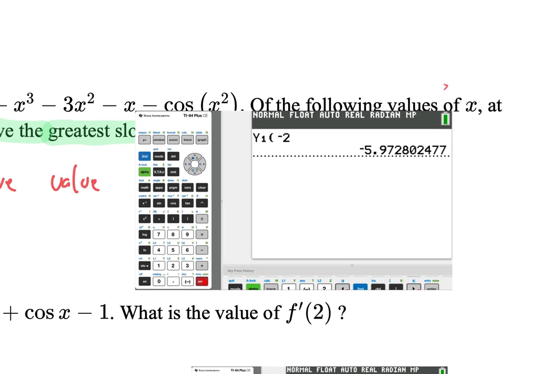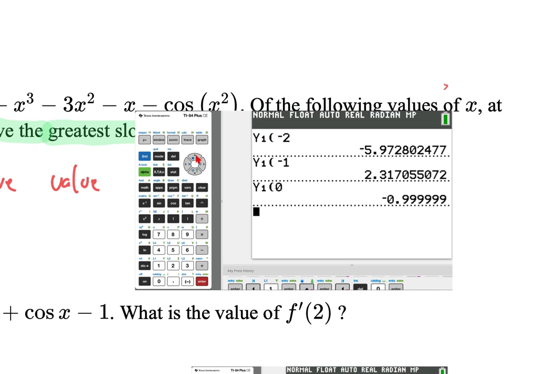Watch how you can do this: go up, highlight that, so you don't have to retype it, and change the 2 to a 1, and that's -1. Hit enter. Do it again: go up, highlight, change it to a 0, and then go up, highlight, and change that to a 1.